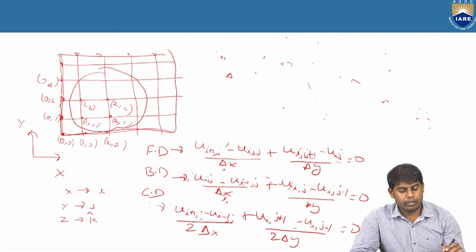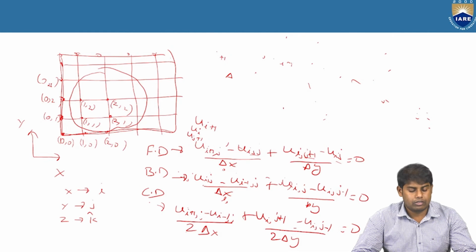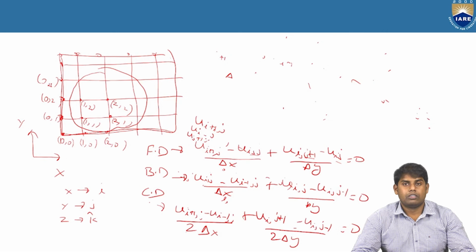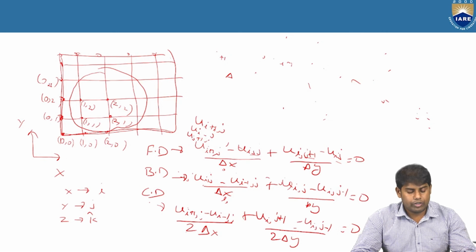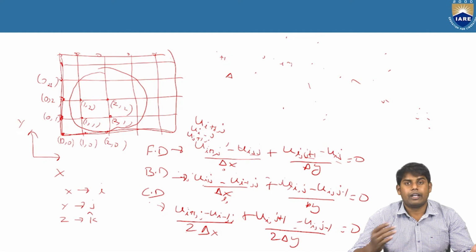So the variables are u of i+1 and u of i, and j+1. Here also you have i and i-1. For the central difference, you are capturing both the left side and the right side. So this constitutes the central difference.